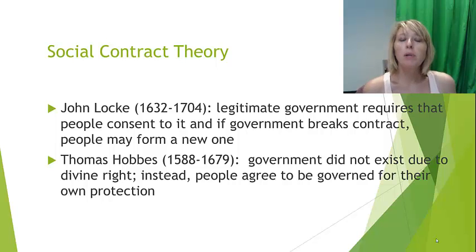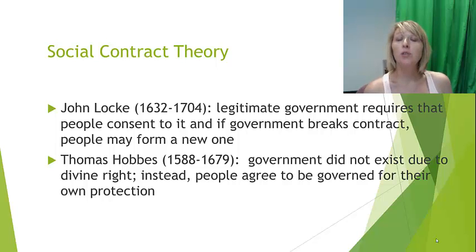Now, we have a couple of theorists that really brought this into American thought by influencing, in particular, Thomas Jefferson. Two of the people he was obviously familiar with, based on the writing of the Declaration of Independence as well as the Constitution, but especially the Declaration, was John Locke, who really said that we can have government without a social contract, but that government isn't legitimate.